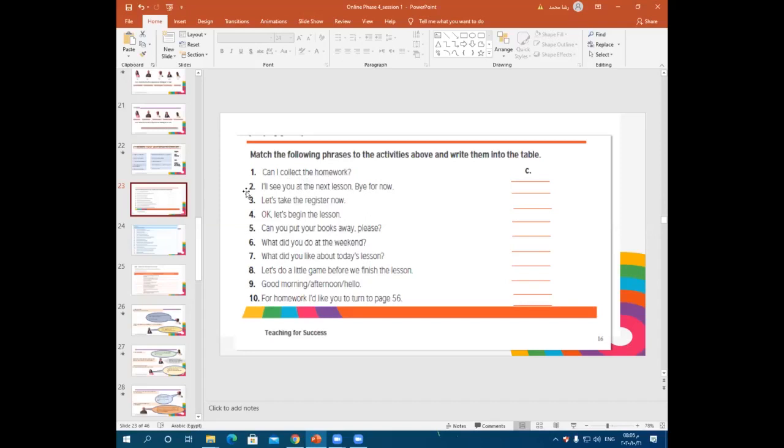So number 2, I'll see you at the next lesson. Goodbye or bye-bye for now. Which approach is it? Greeting, greet the learner, excellent. Number 3, let's take the register now. Taking register, excellent.